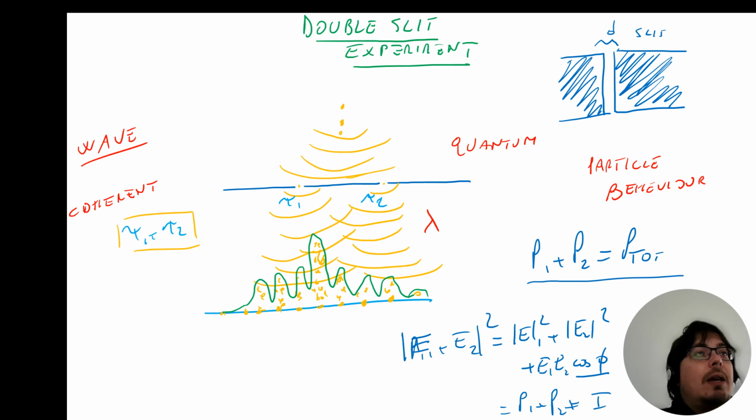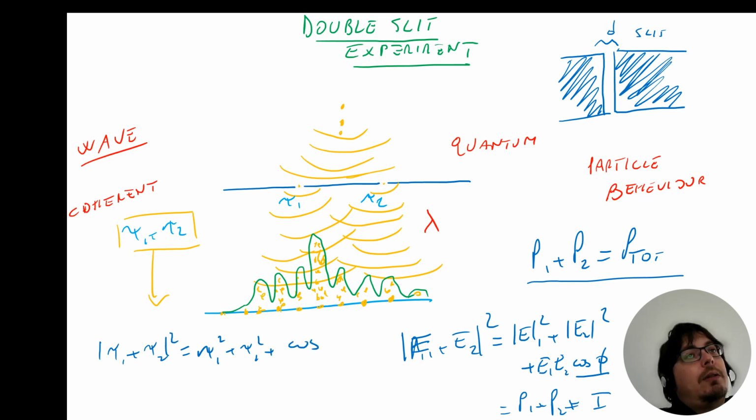And when there is the collapse of the wave function, very much like the modulus square of the power in the electromagnetic field, you will have psi1 square plus psi2 square plus the cosine of phi, which is this oscillatory term, psi1 psi2, which is basically depending on the slit and the wavelength of the photon.